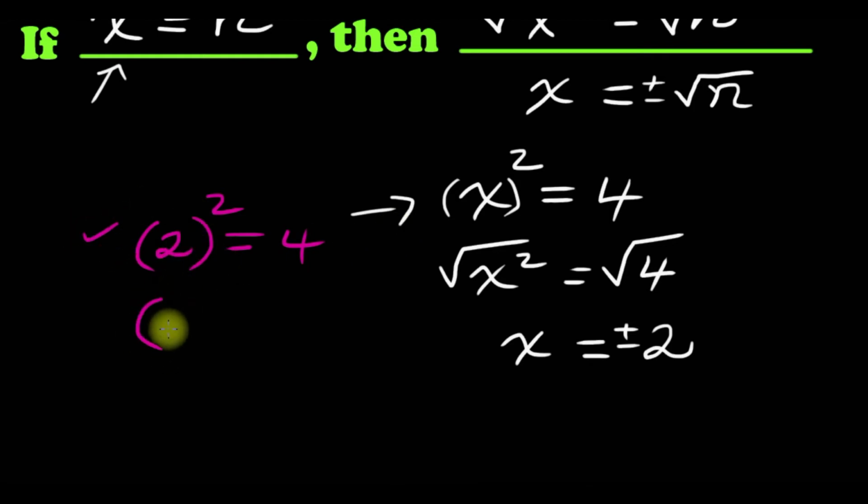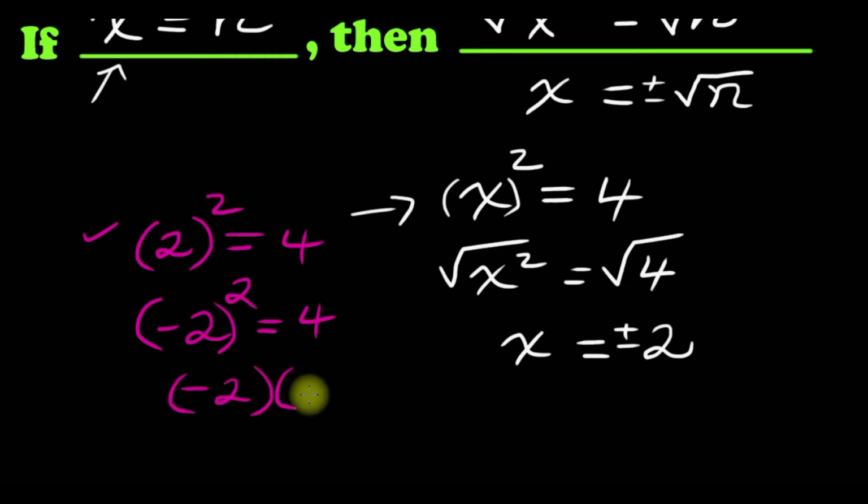Now, if I put negative 2 in for x, and then I square negative 2, I'm also going to get 4, because negative 2 times negative 2 is positive 4. So that is why you need that plus or minus in front of the number. I hope that makes sense.